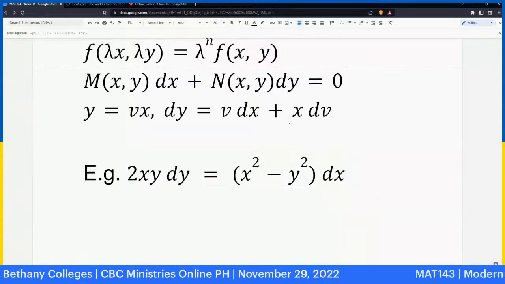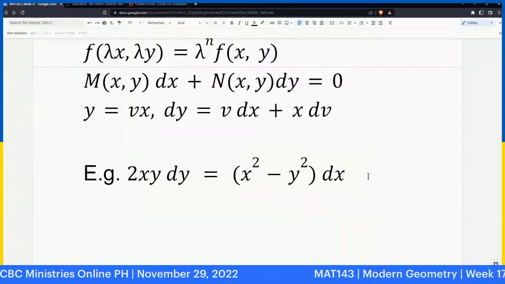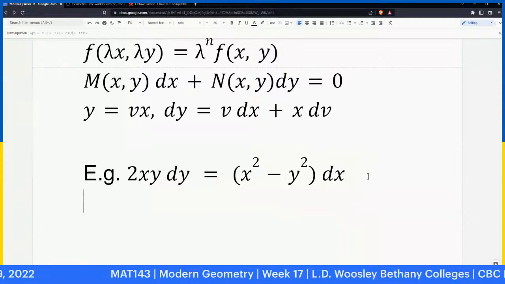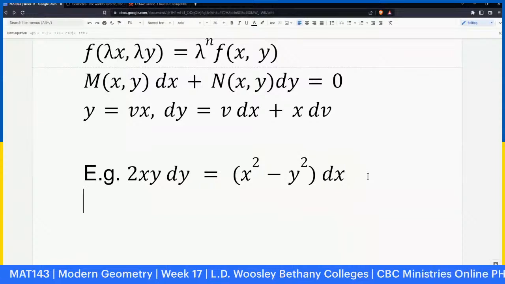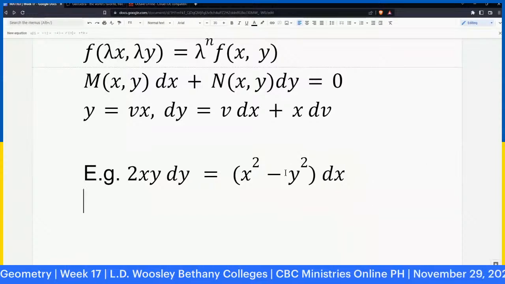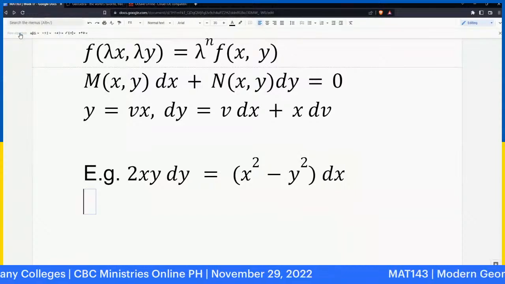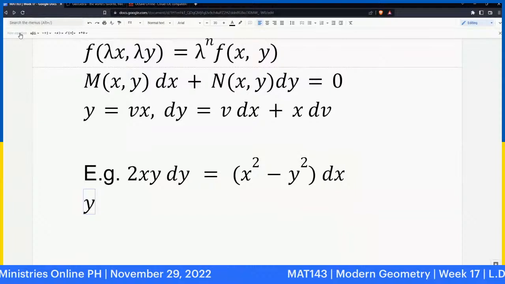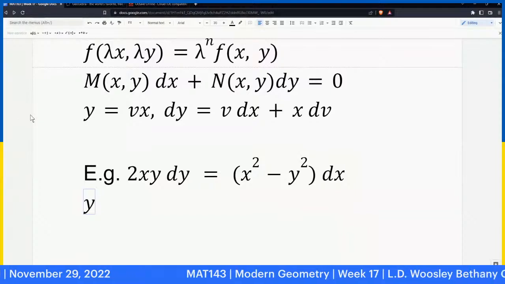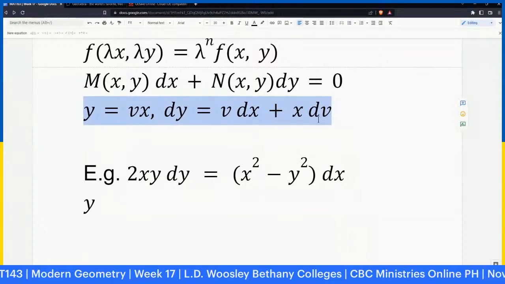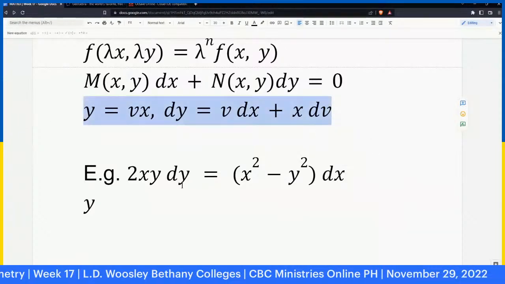Let us test first the homogeneity by substituting so we will have some transformation here such that your y, we'll just copy. This will be your test of homogeneity.